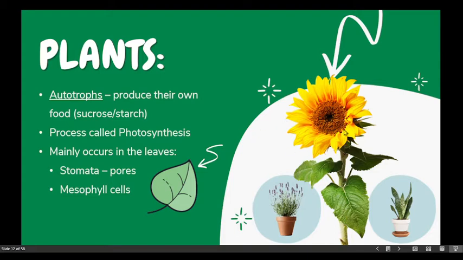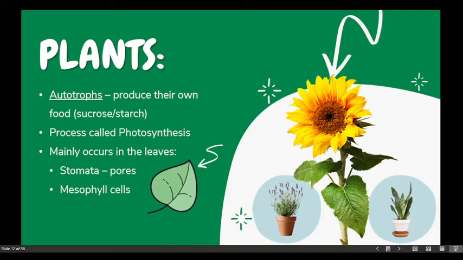We know that plants have different parts like the flower, the stem, the leaves, the roots. So photosynthesis mainly occurs on its leaves. You can see that leaves, they are the best structure to do the job because they are flat. They have a good surface area, which makes them capable of catching light easily.